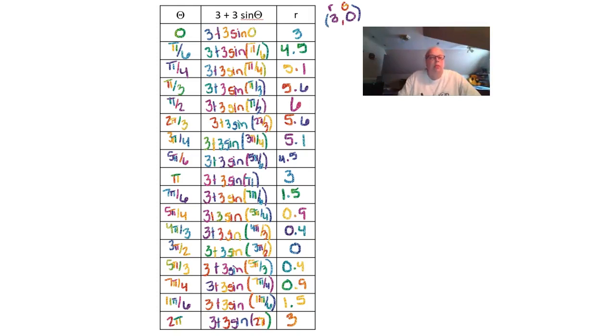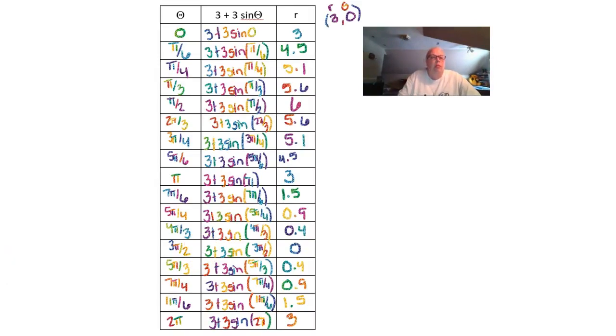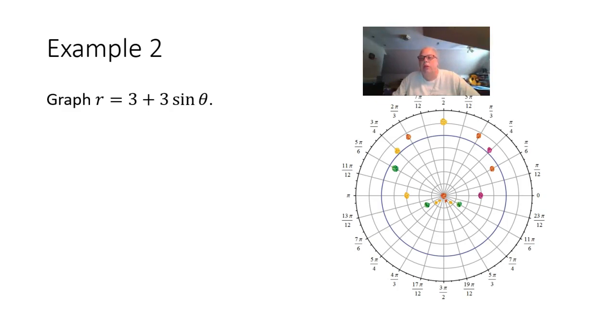At 11 pi over 6, we're going to go forward 1.5 circles. That will be right in here. And then when we get to 2 pi, we're going to go forward 3 circles, but there's already a dot right there. All right, so our picture is going to kind of do something like this.